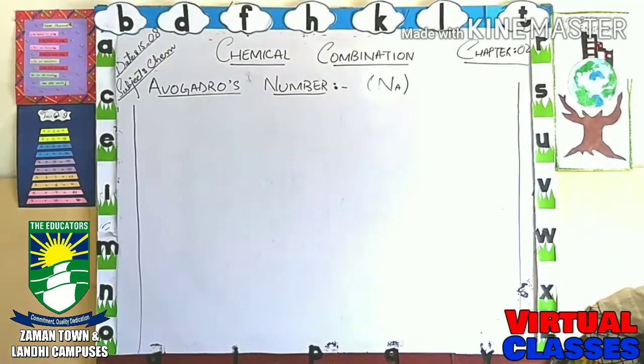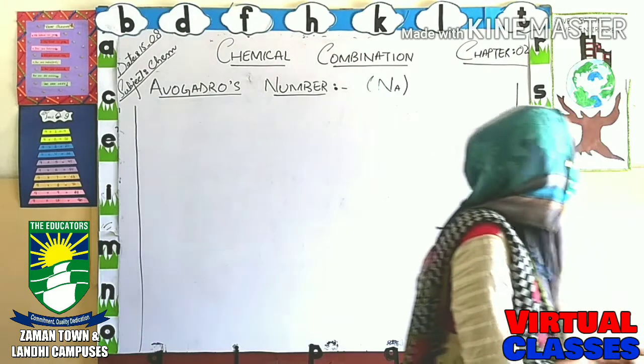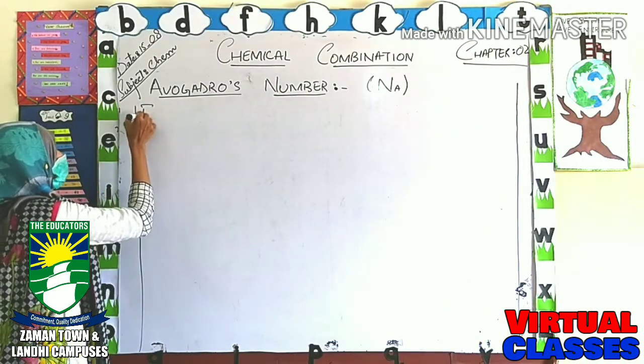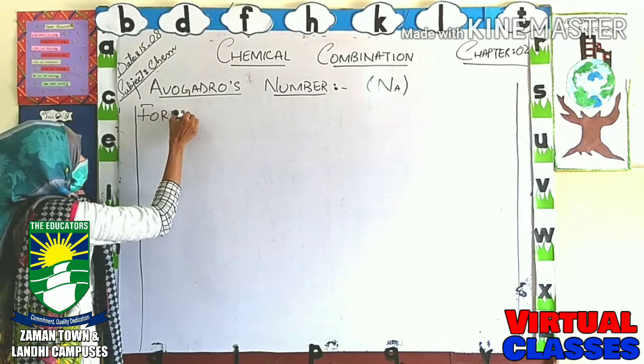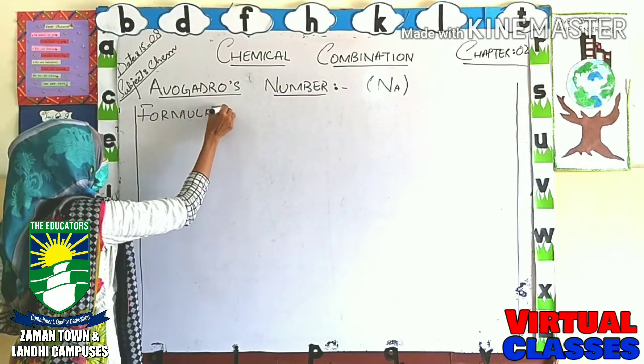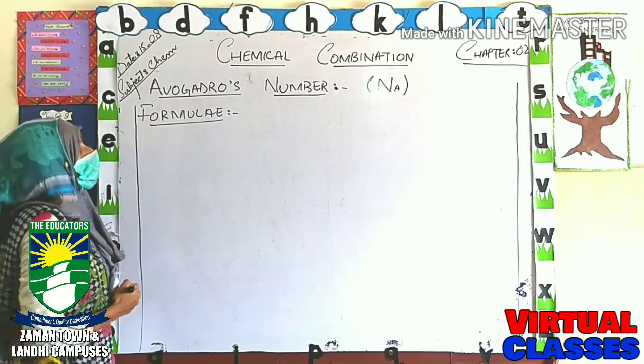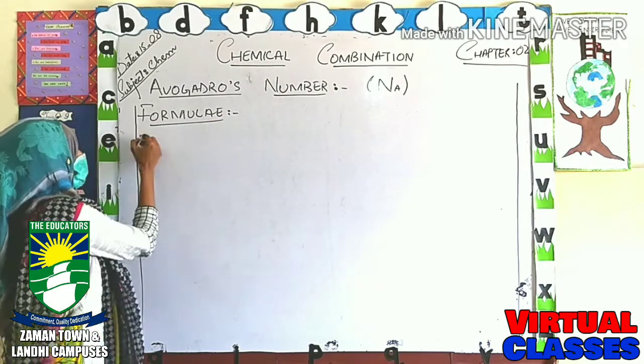Firstly, mention the heading Avogadro's number. Then, formula. Here we have two formulas for Avogadro's number.